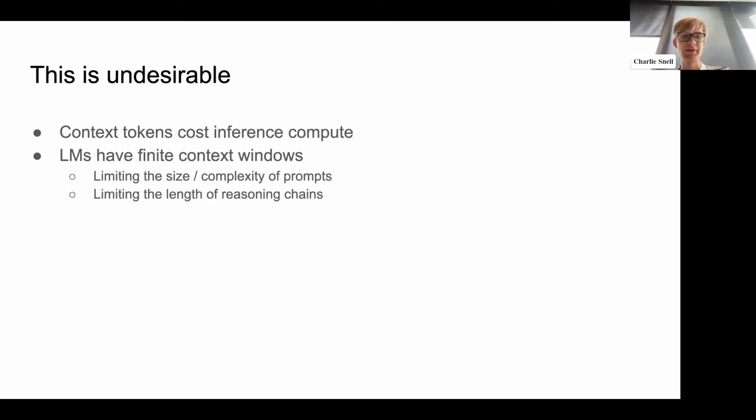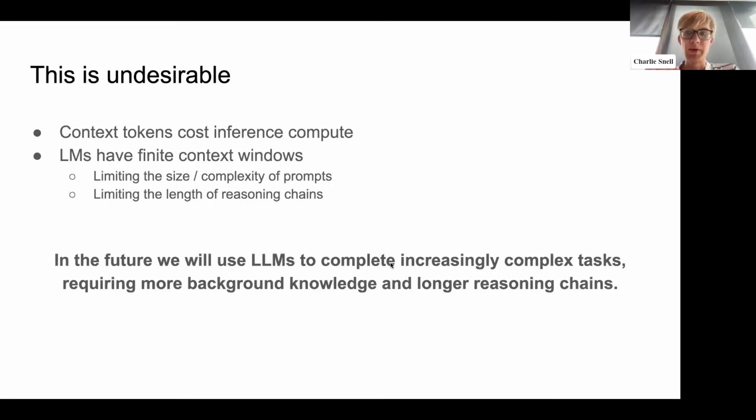So these two are limitations. If we assume that in the future, people are going to be using language models or related technology to complete increasingly complicated tasks that require more background knowledge and longer reasoning chains, then these two things are kind of limiting.